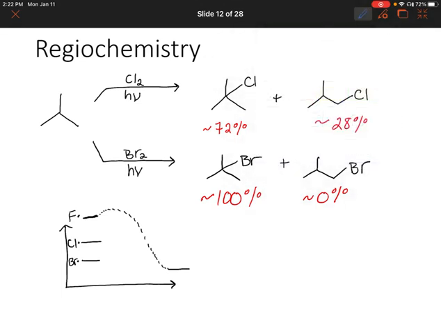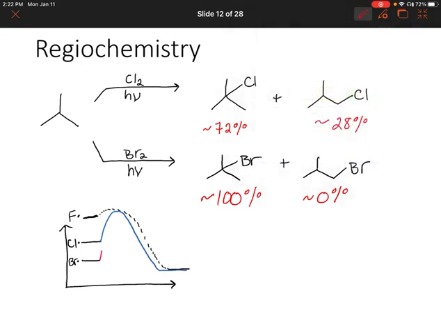You can see that fluorine has a very small activation energy. So fluorine actually is not going to work well for this reaction. It's going to react way too violently. Chlorine has a bit of an activation energy to get to the products.